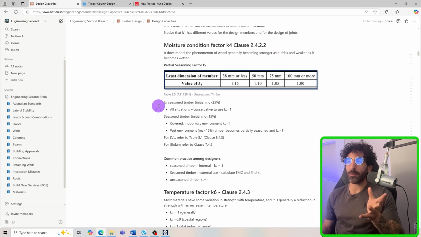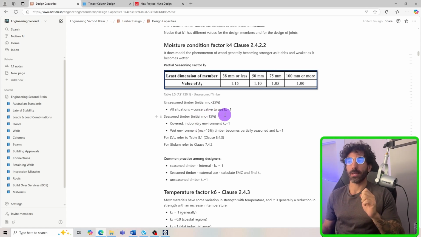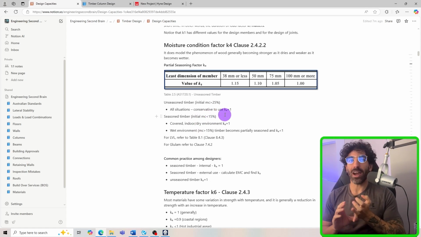We've got different tables for unseasoned timber, for seasoned timber, for LVLs, and for glulams. If this is the first time you are hearing the term seasoned and unseasoned, seasoned means that the timber has an average moisture content between 10 and 15%, and you will probably hear people saying dry timber or air dried or kiln dried timber.